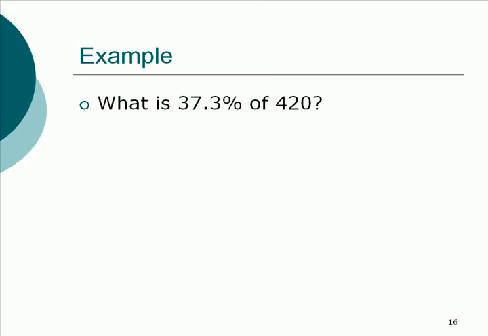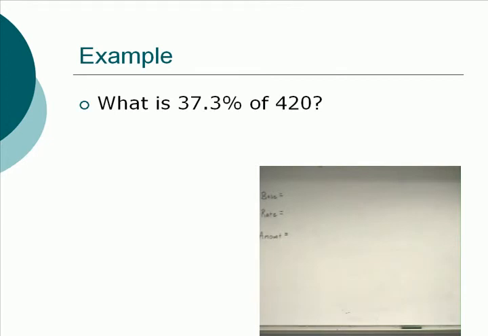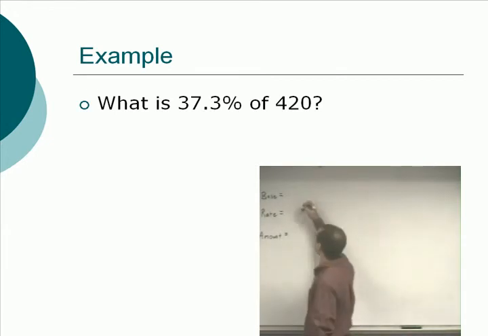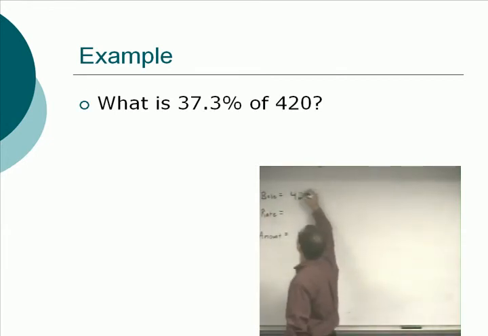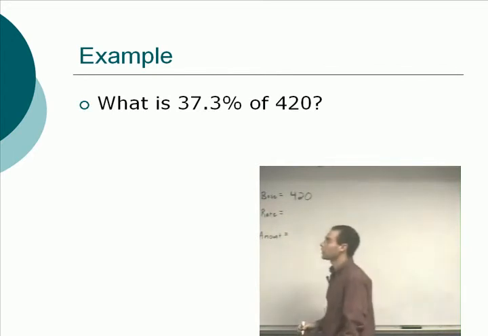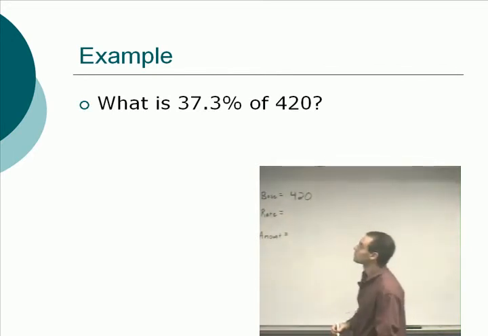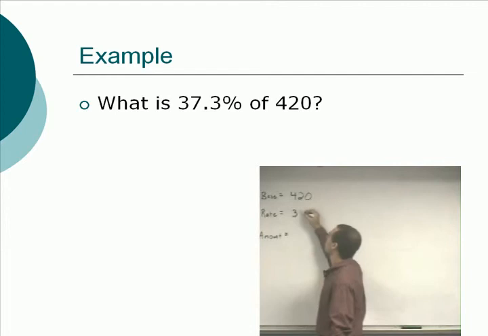First of all, what is 37.3% of 420? Well, what's your base? 420, that's the full amount, and it's indicated by the word of. So your base is 420. Your rate? 37.3%.